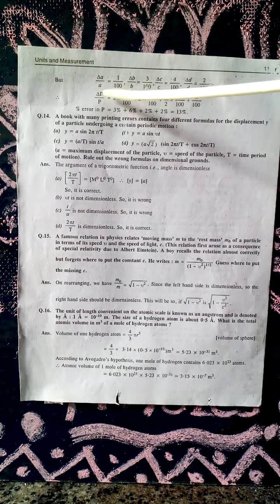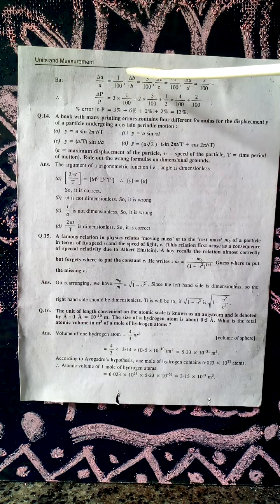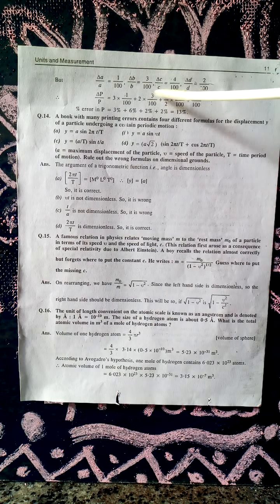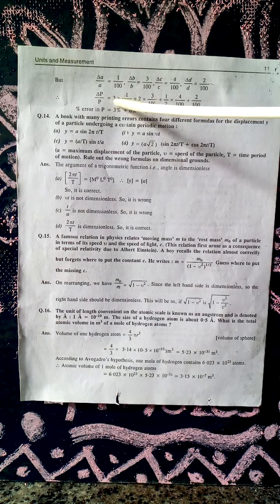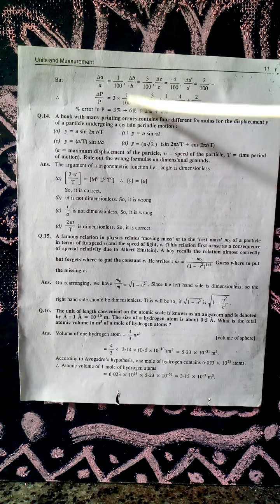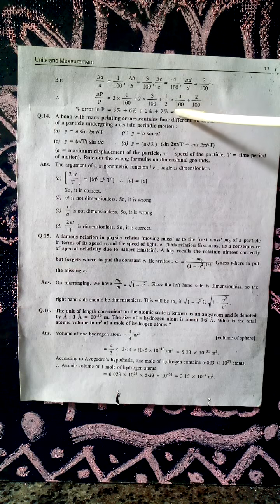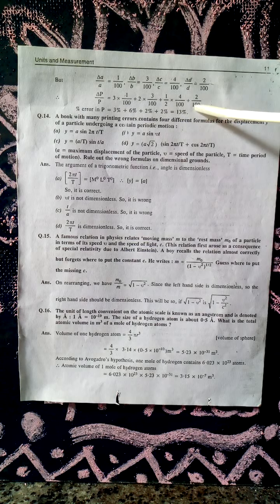Here delta A by A is 1 by 100, delta B by B is 3 by 100, delta C by C is 4 by 100, delta D by D is 2 by 100, according to the given values. Now delta P by P is equal to 3 into 1 by 100 plus 2 into 3 by 100 plus 1 by 2 into 4 by 100 plus 2 by 100.